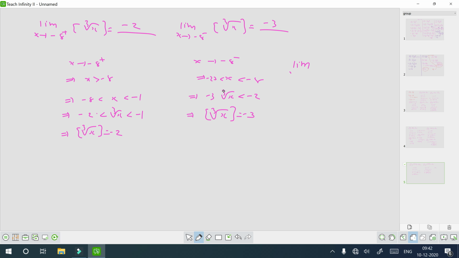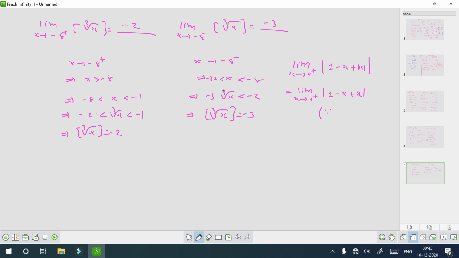Let us compute this limit: limit x tends to 0 of magnitude of 1 minus x plus magnitude of x, whole over magnitude of x. That is equal to limit x tends to 0 plus of 1 minus x plus x.